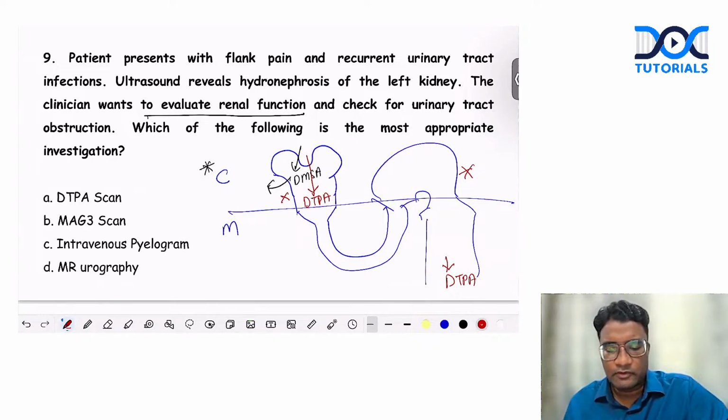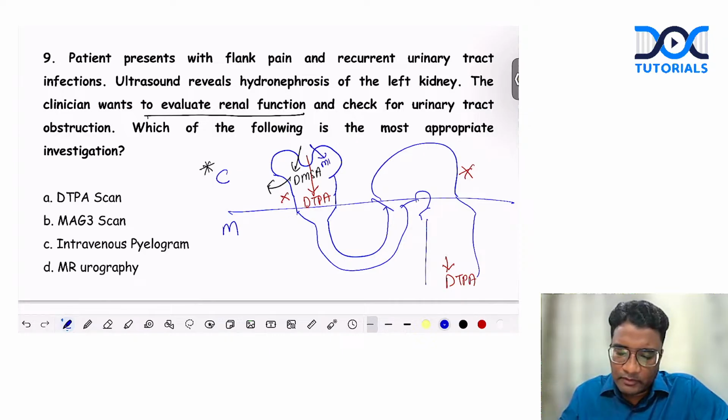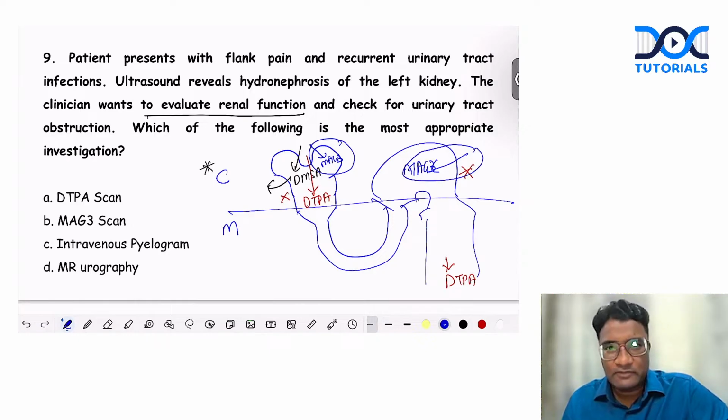So DTPA scan is for GFR. But MAG3 gets filtered from the glomerulus and MAG3 also comes from the tubules, undergoes tubular secretion. So it tells you glomerular function also, and it tells you tubular function also. So the best for renal function, showing both glomerular and tubular function, right? The tubular secretion to look at renal plasma flow, renal perfusion, and renal function.